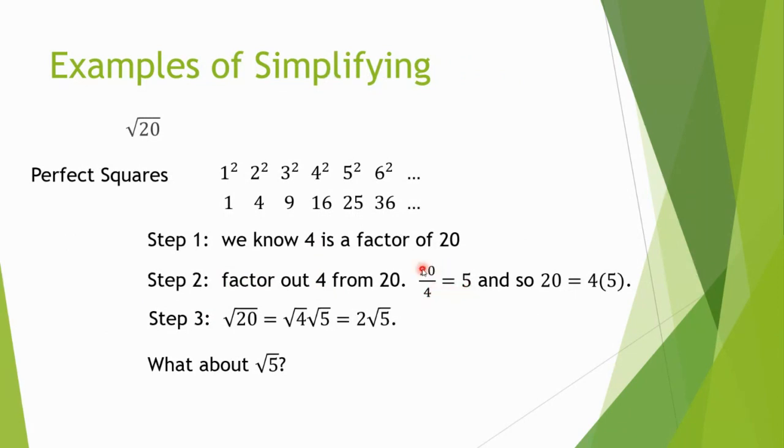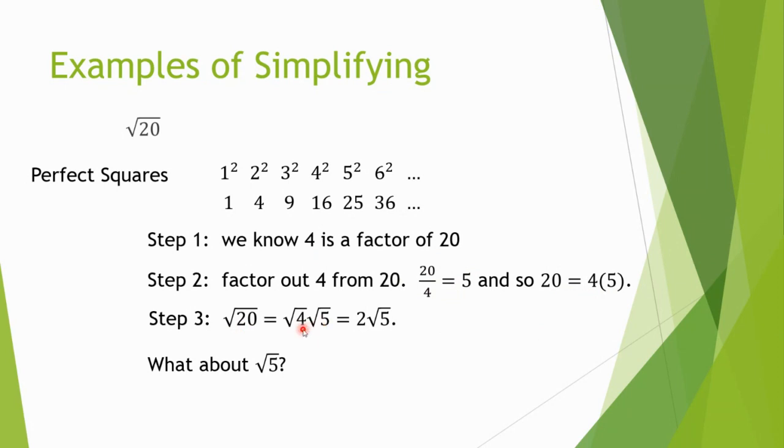That's what I'm doing over here. And so we get 20 is 4 times 5. Because this is true, we have that perfect square factor, and we factored it out. Now the square root of a product is the product of the square roots. That's why I'm going from here to here.